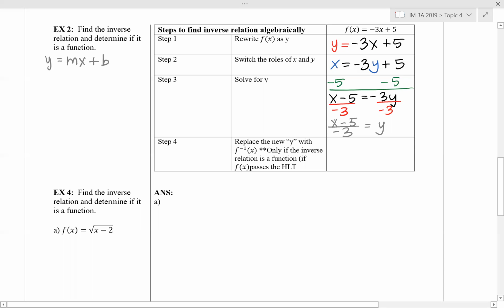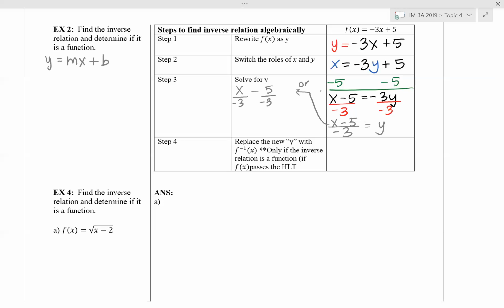In order to do that, I'm splitting up, or dividing, both pieces by the negative 3. So instead of dividing all of x minus 5 by negative 3 like we did, I could have taken each term, x divided by negative 3, and negative 5 divided by negative 3. And that will give me something that I can put into y equals mx plus b form.